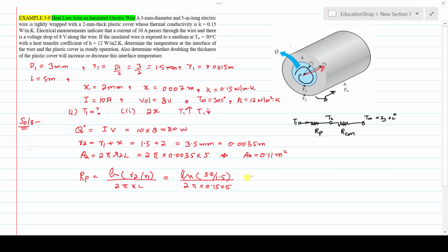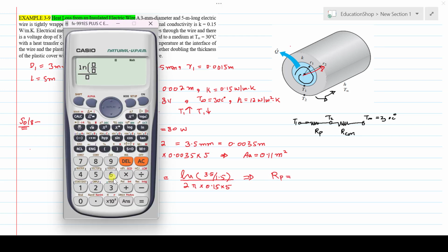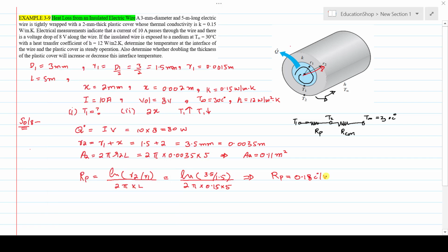Let me solve this on the calculator. Press the equal button and you will get the RP value, that is 0.18 almost centigrade per watt.